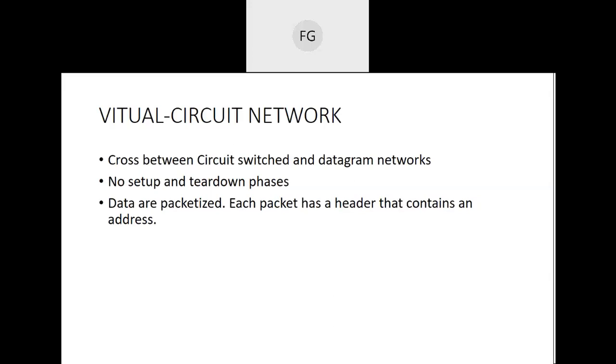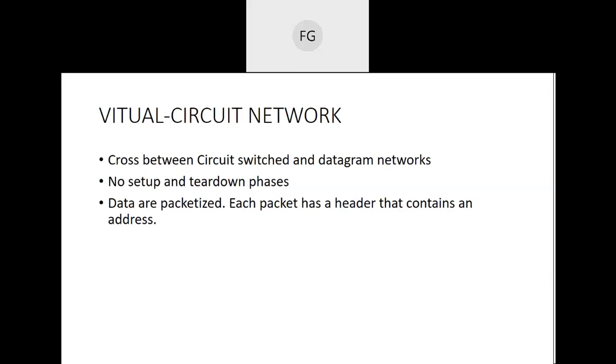And in virtual circuit networks, the resources can be allocated during the setup phase, just like in the circuit switch network, or on demand as in a datagram network. So this characteristic is similar to both.